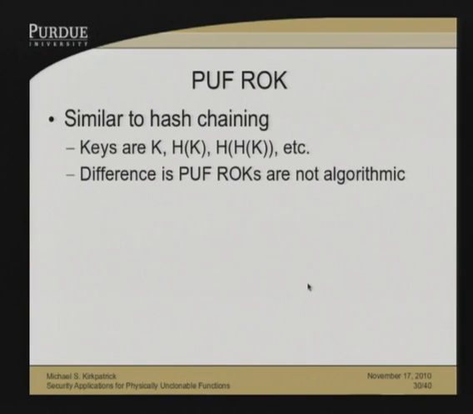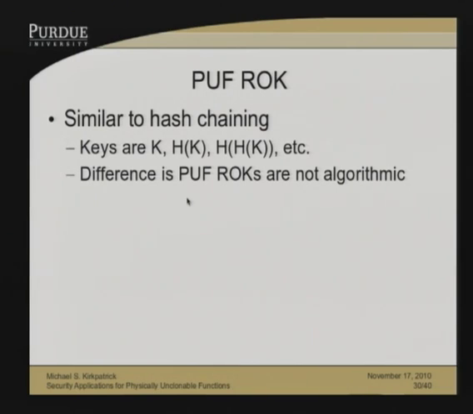The idea here is that it's really similar to hash chaining. If you're familiar with hash chaining, you start with a key, and then you take the hash of it, and that becomes your next key, and then you keep going, and this becomes a way of generating a sequence of keys. But the difference is that with PUF-based keys, they're based on the hardware, not on algorithms.